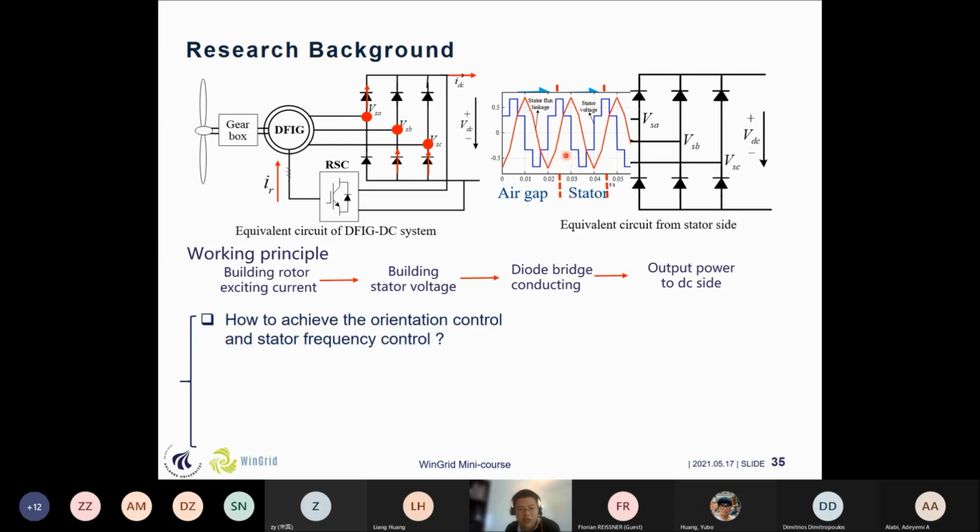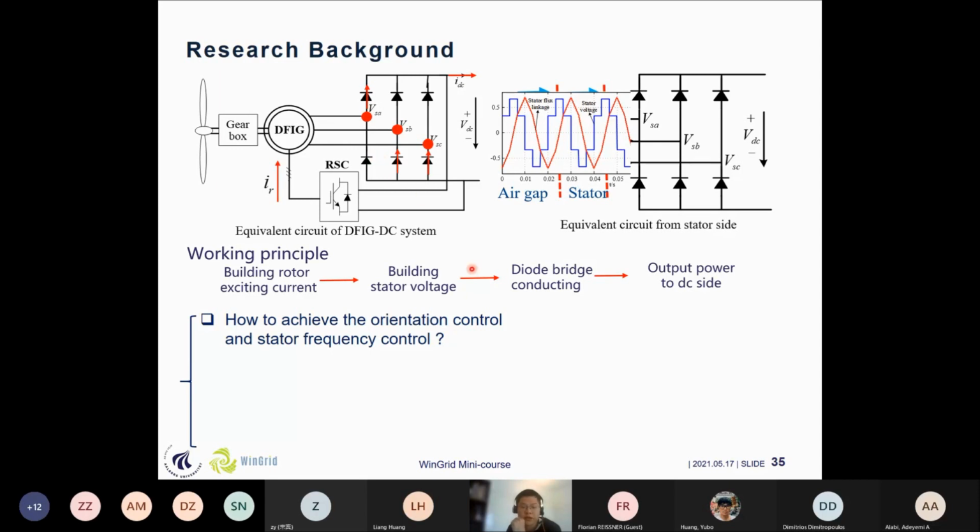So based on this working principle, we have some general questions for this topology. Firstly, how to achieve the orientation control and the stator frequency control. The significant difference from the conventional DFIG-AC system is that in the DFIG-AC system, the stator is directly connected to the grid.